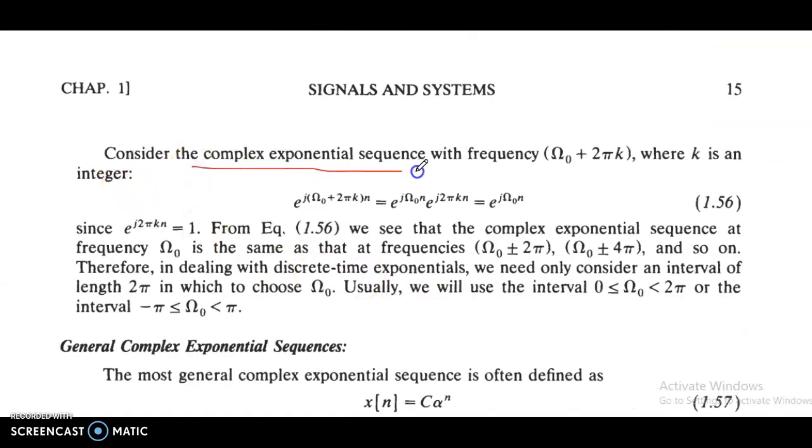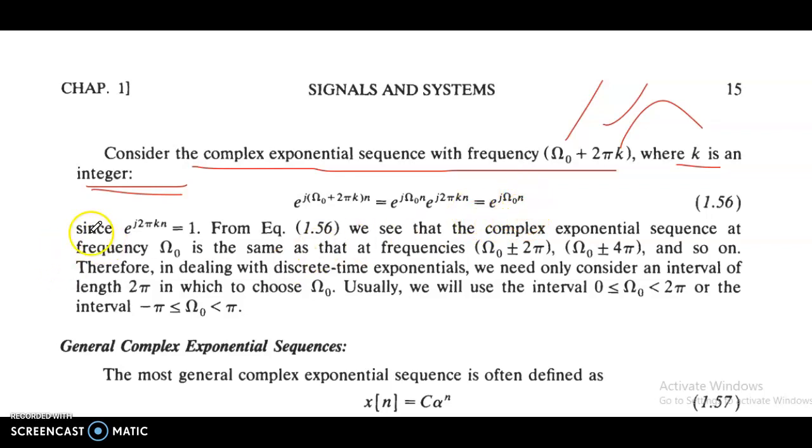Consider the complex exponential sequence with a frequency omega naught plus 2 pi k, where k is an integer. e power j of omega naught plus 2 pi k, all to the power n, equals e power j omega naught n times e power j 2 pi k n, which equals e power j omega naught n.